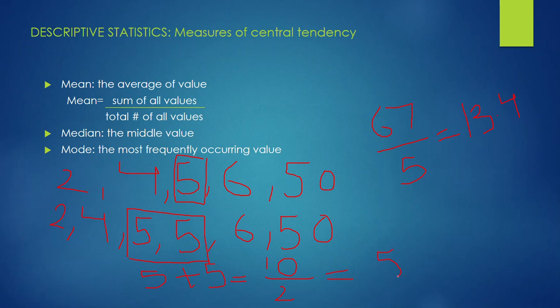And here we have our median. Mode is a frequently occurring value. We will discuss the mode later. First, make sure that whenever you find the median, you arrange the values from smallest to largest.